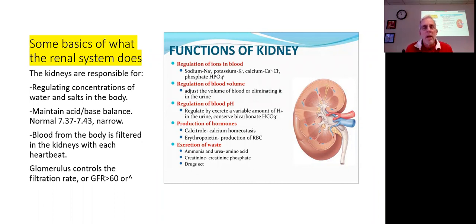And of course, the glomerulus, which she mentioned in the video, is the functional unit of the kidney, and it controls the rate of filtration. There are healthy and unhealthy rates of filtration. Usually a filtration rate greater than 60 is considered healthy, for removal of products of metabolism.